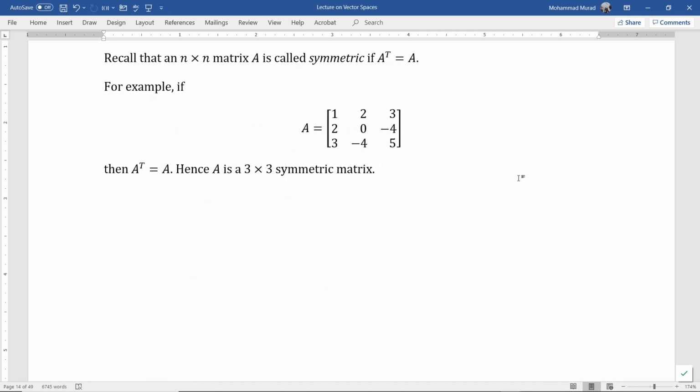Before we look into the next example, let's recall that an n by n matrix A is called symmetric if the transpose of A is equal to the matrix A itself.